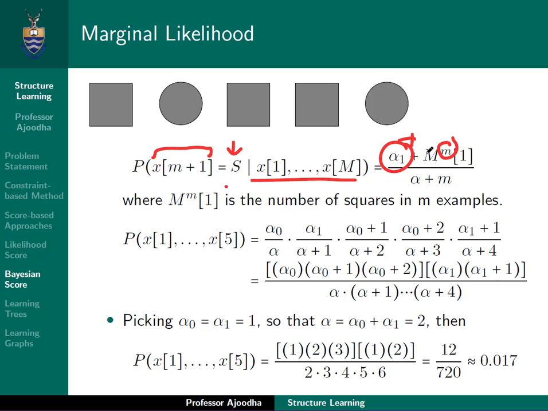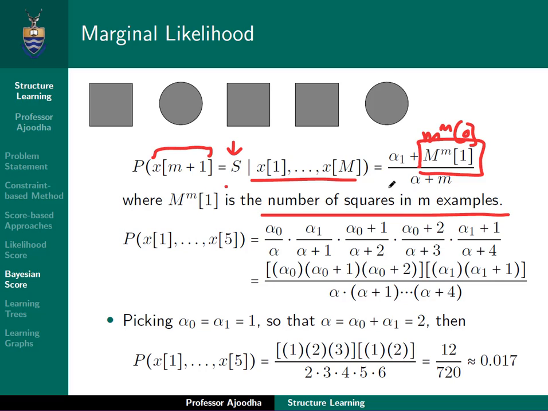So your m to the power of m of 1 is for squares, and m to the power of m of 0 is for circles. This m to the power of m1 is the number of squares that you've seen in m examples, so for the (m+1)th square, we use the m examples to calculate.